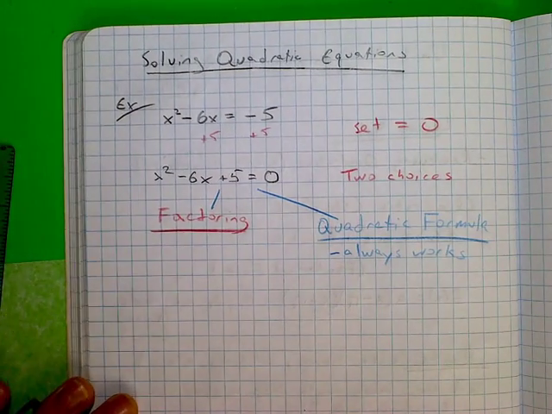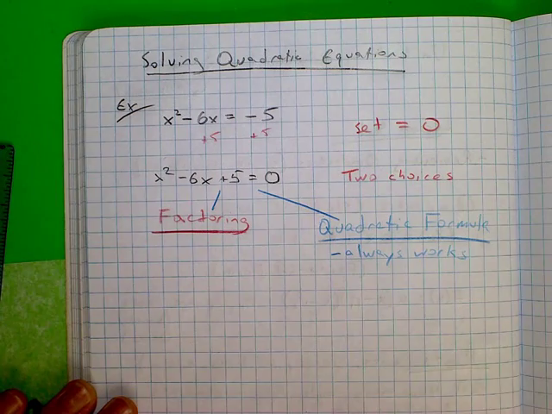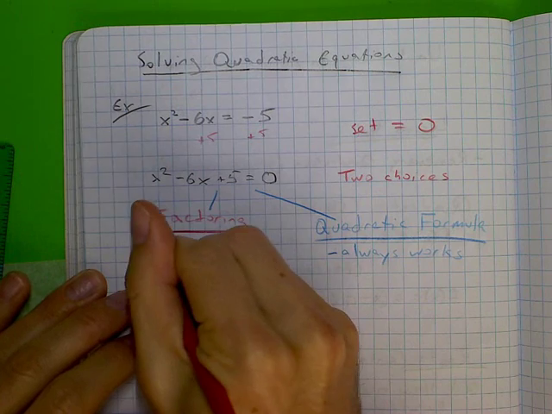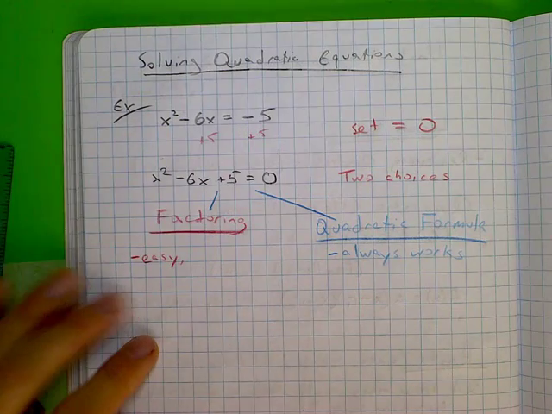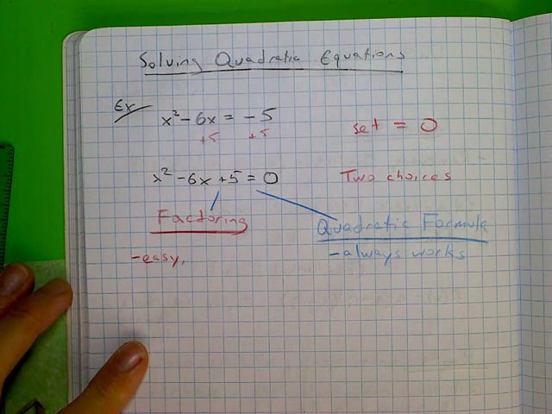Now, some of you voted for factoring. Why'd you vote for factoring? Okay, so it's easy. At least if it factors easily. So it's easy if it's easy.